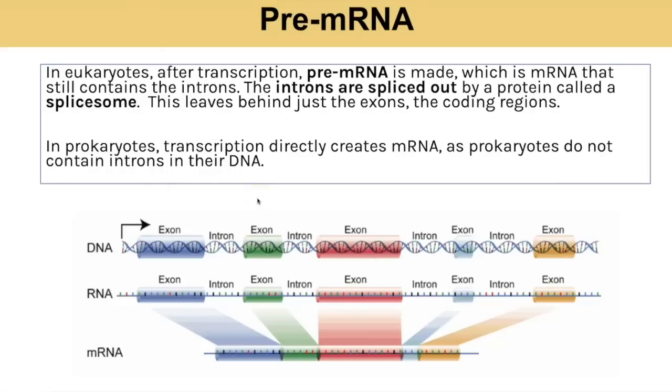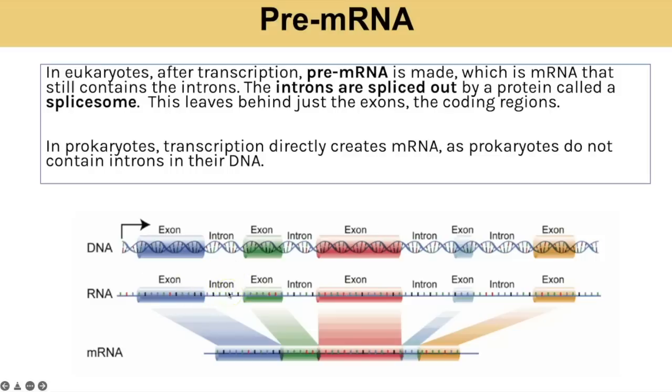In eukaryotes, after transcription, we actually call the molecule pre-mRNA, and that is because it still contains the introns, which are those non-coding sequences of bases. And that's because the DNA, the gene that was copied, will have introns within it, which are the non-coding sequences. So the RNA that is copied will still contain those introns.